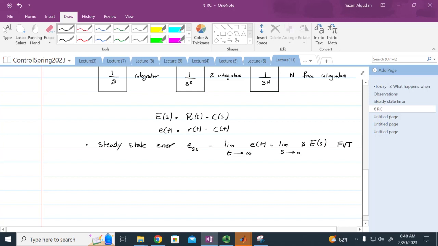Okay, E of s equals R of s minus C of s.